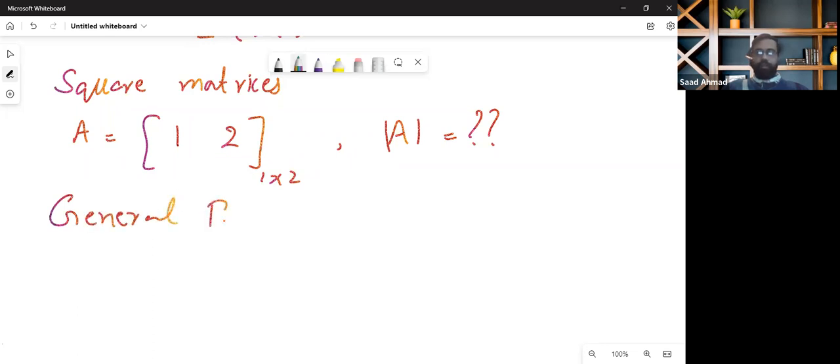Let's say I want to find the determinant of matrix A. It is minus 1 to the power i plus j, where i and j are the entry for the row and the column. Oh, wait, sorry.